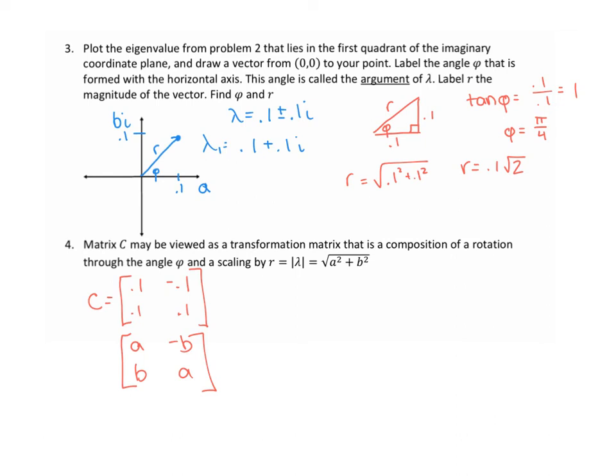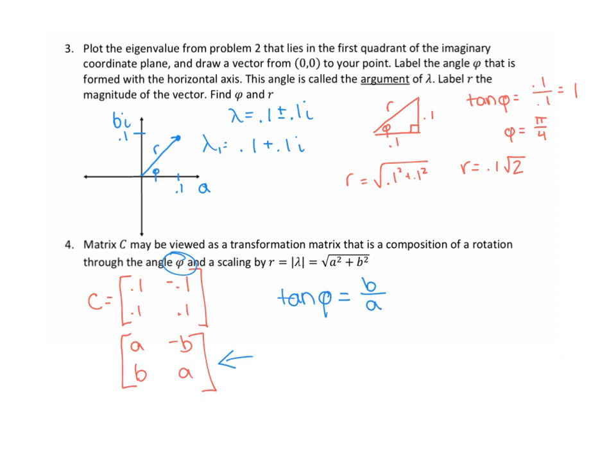Think rotation like back in chapter 1, where we used matrix multiplication to do these transformations. The rotation is going to be the angle that we found, and you can always find that angle with opposite over adjacent, where opposite is b and adjacent is a.